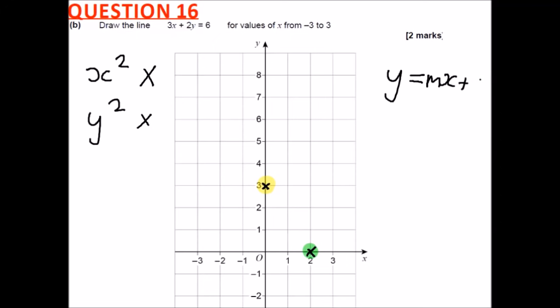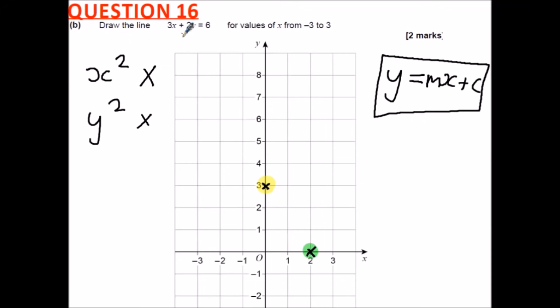All that means is a certain number of y's, not squared or cubed or anything, equals a number followed by x plus c. That equation, if you wanted to, would rearrange to that. But as long as you're confident in spotting and going with your intuition that this will be a straight line, especially for a 2 marker, think about it, for 2 marks, if they're going to give you something absolutely awful, probably not.